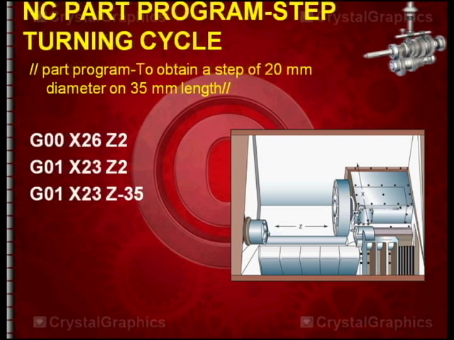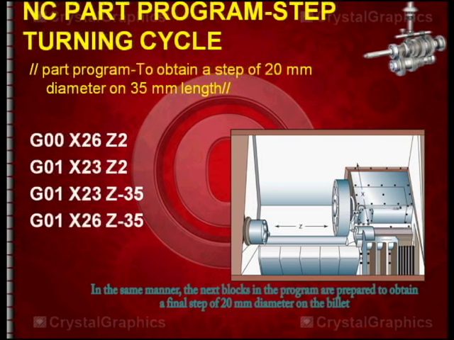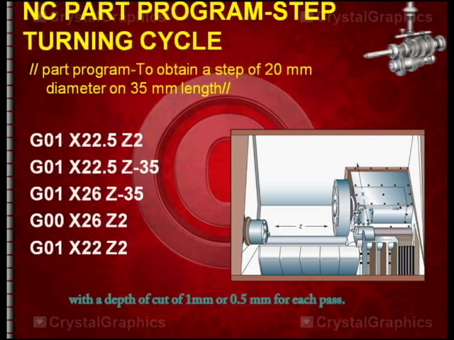G01 X23 Z-35. Again, this instructs the tool to cut the workpiece linearly to obtain a step of 23 mm diameter for the billet. In the same manner, the next blocks in the part program are prepared to obtain a final step of 20 mm diameter on the billet, with a depth of cut of 1 mm or 0.5 mm for each pass.